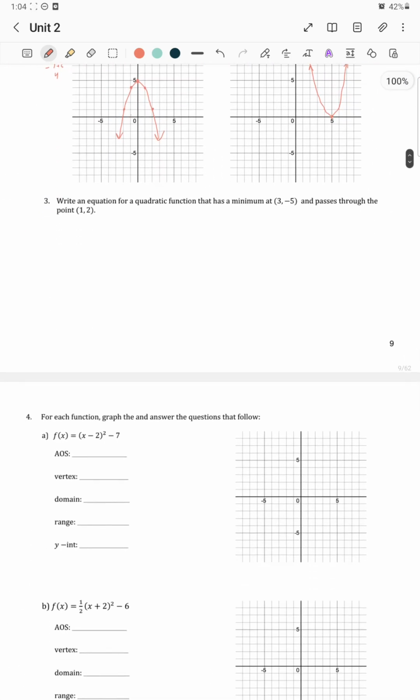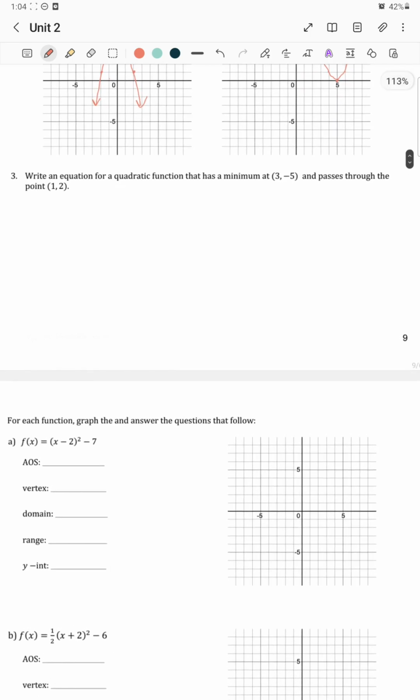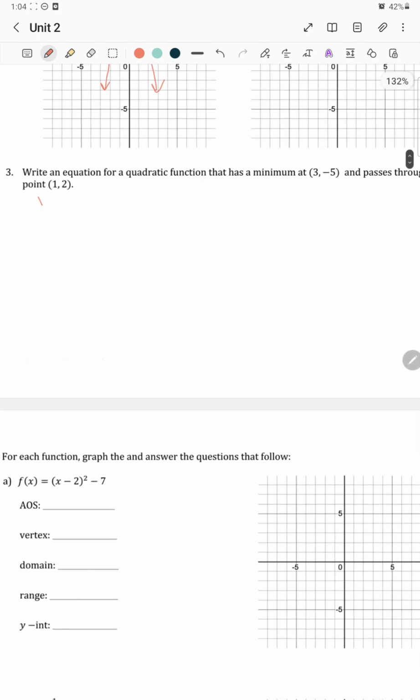Write an equation for the quadratic function that has a minimum at 3, -5 and passes through the point 1, 2. So if it has a minimum at 3, -5, the vertex is at 3, -5. The equation of the quadratic function is y equals a times (x minus 3) whole squared minus 5.